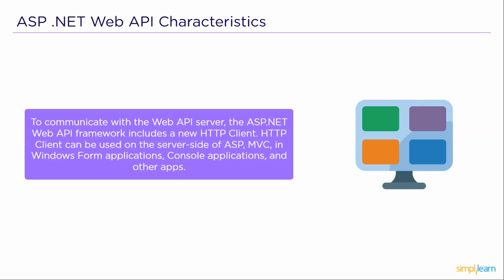Finally, the last characteristic is that the ASP.NET Web API framework includes a new HTTP client for communicating with the Web API server. HTTP client can be used on the server side of ASP.NET, MVC, and Windows Form, Console Labs, and other apps.